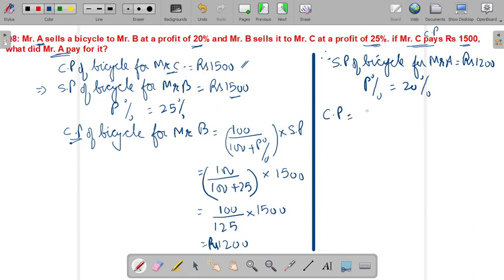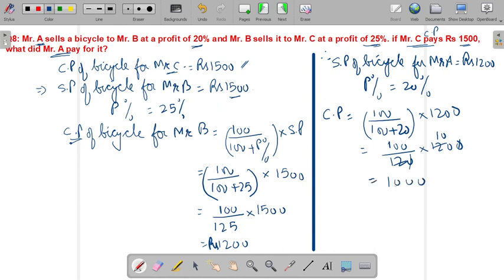Cost price for Mr. A is 100 upon (100 plus 20) multiply 1200. So solve it. 120, 1200, cancel the terms, so it goes with 12.